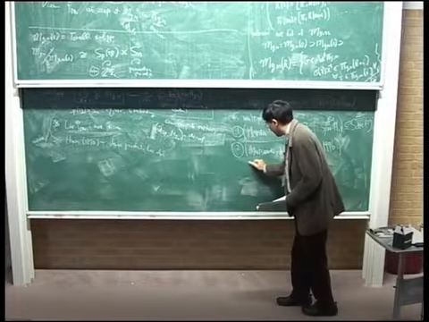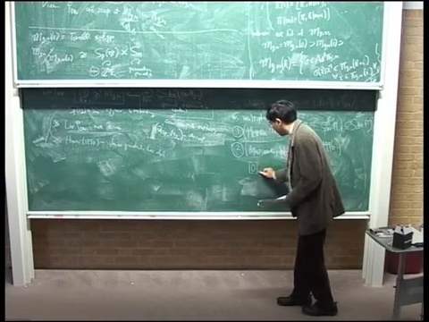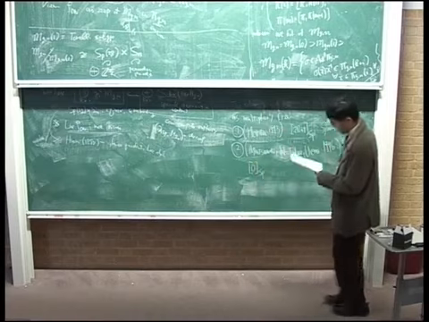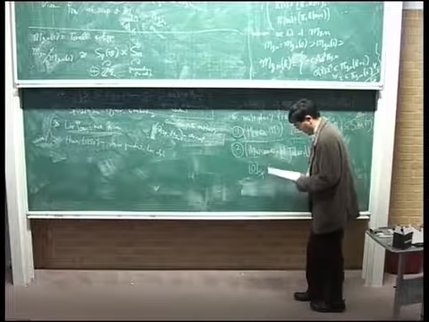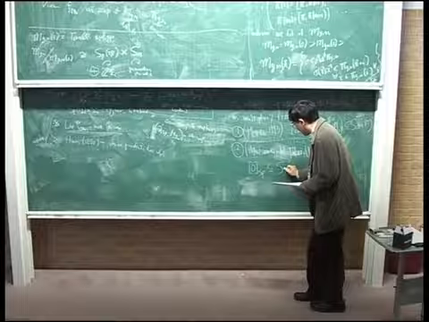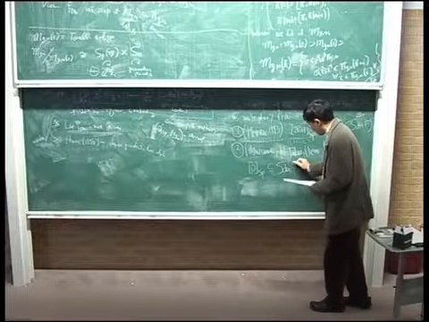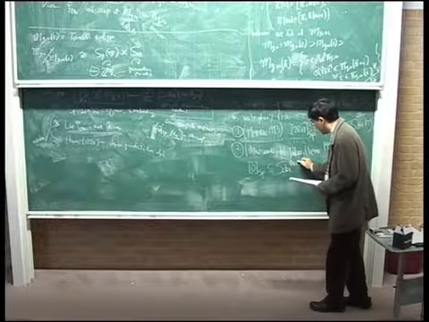There is a fixed part of a symplectic group in degree plus 2.